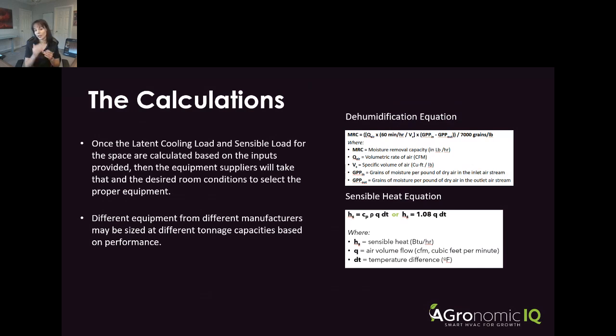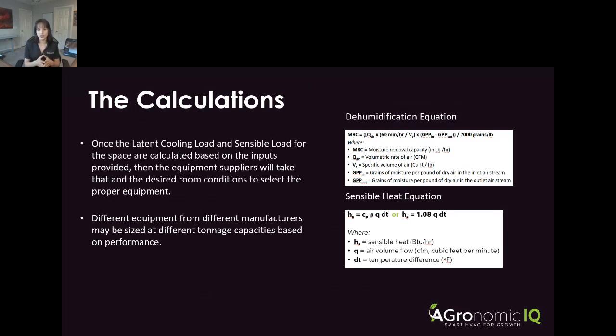And when they have the latent load, which is, like I said, that humidity load, and the sensible load, which is a temperature load, they will give us, the equipment vendors, that information plus the grow room condition targets. And we will go back and run specific tests with our equipment to see where we can meet that load and what equipment we will present for meeting those desired room conditions.